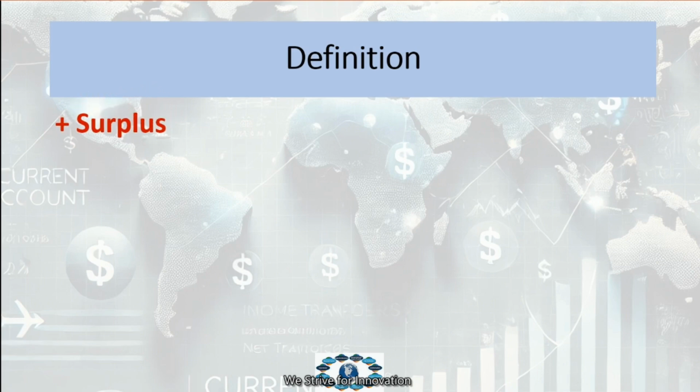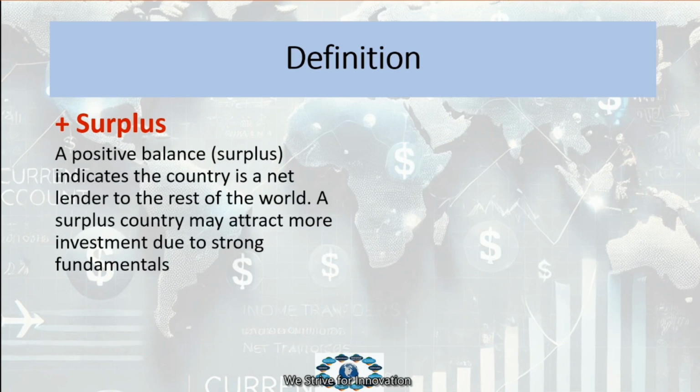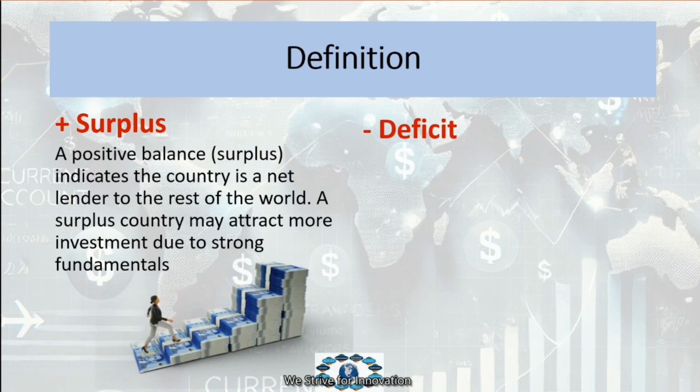We either have a surplus, which means a positive balance, which indicates the country is a net lender to the rest of the world. A surplus country may attract more investment due to strong fundamentals. Or it might be a deficit. A deficit is a negative balance.